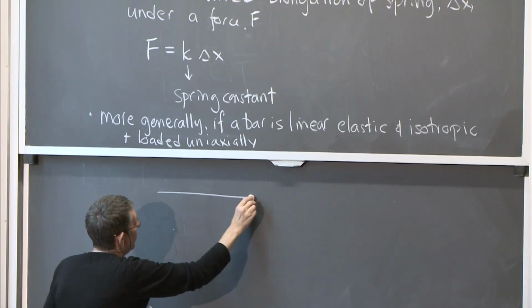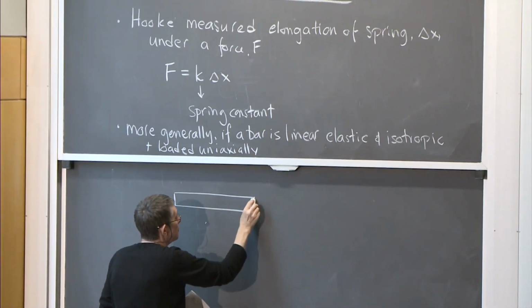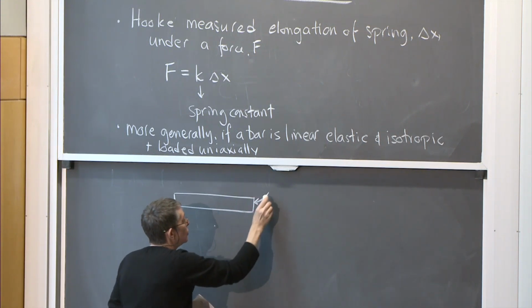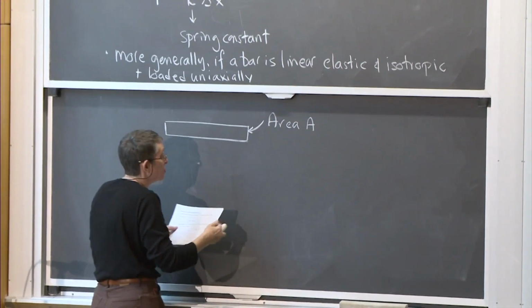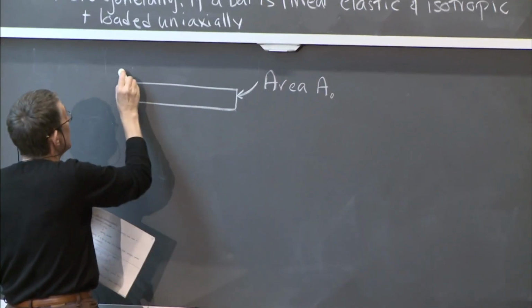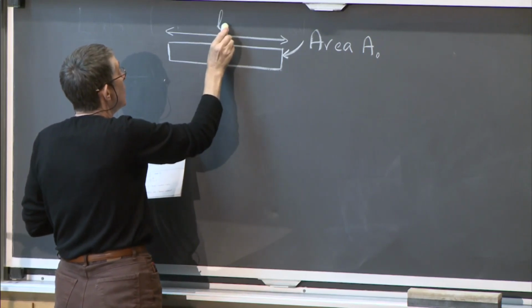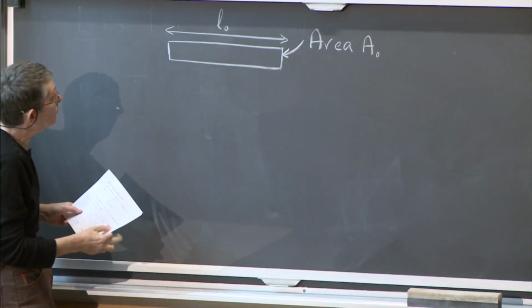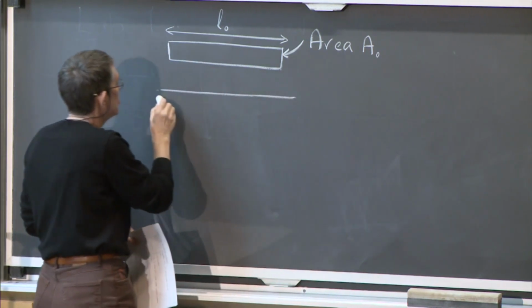So let's say I have my bar here. So it has some initial area there, which I'm going to call A naught. And it has some initial length here, which I'm going to call L naught. And then say I apply a force to this, just a uniaxial force to it.